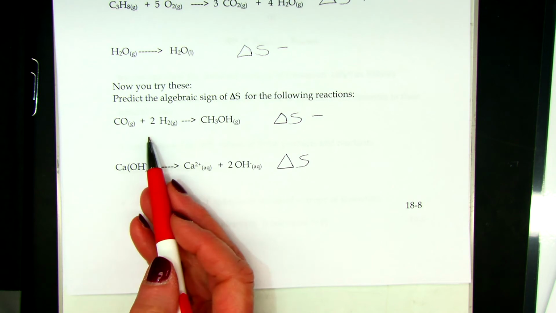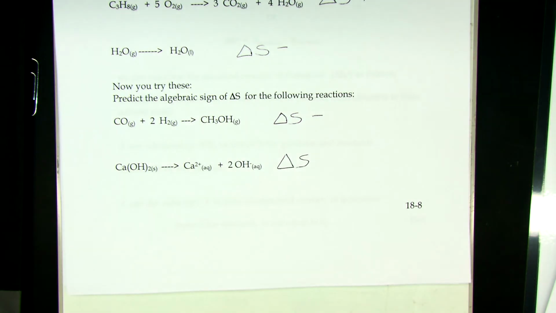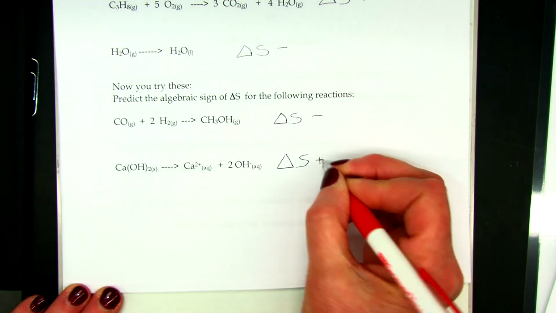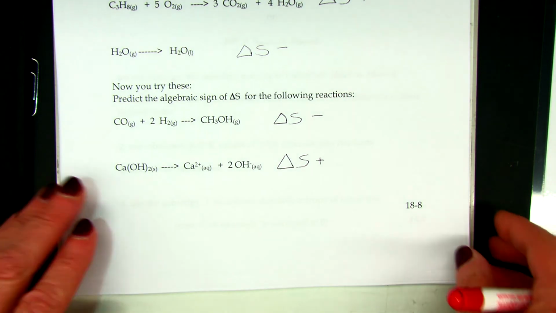You have 3 moles of gas and you're becoming 1 mole of gas, right? So that's going down. How about the next one? Positive. How come? You're taking 1 mole of solid and making 3 moles of ions, little smaller pieces, so you'd expect the entropy to increase.